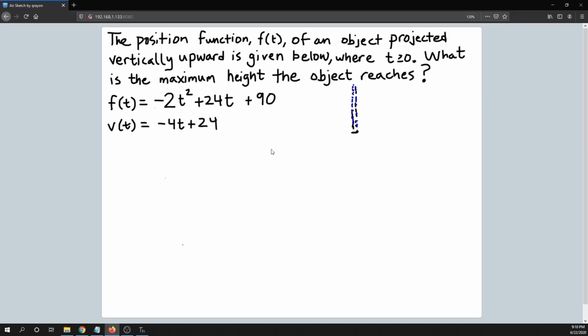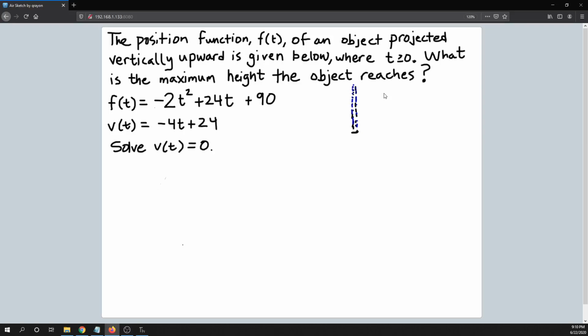And so then we want to know at what time is the velocity going to be equal to 0. So we are going to solve v of t equals 0 to figure that out.